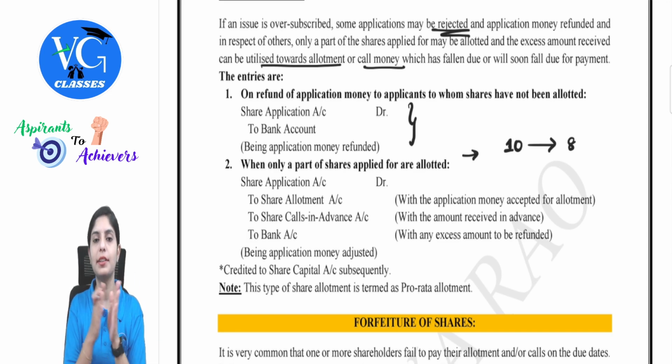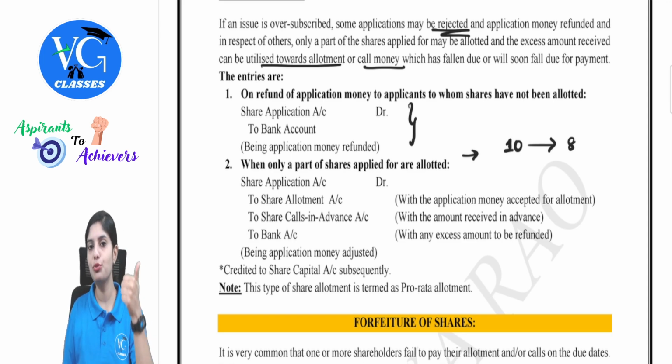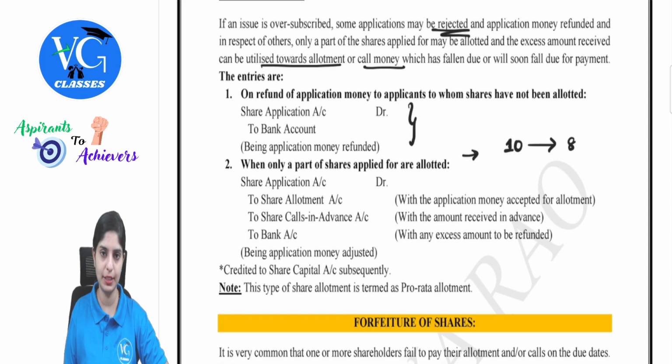First, let's understand the structure. While you receive the application money, bank account debit to share application. The next entry was share application to share capital with respect to the application money received. Now, when I made the first entry, bank account debit to share application, understand one thing: I have received excess application. Assume my requirement was 1 lakh, but I have received applications worth 1 lakh 50,000. 50,000 extra received.